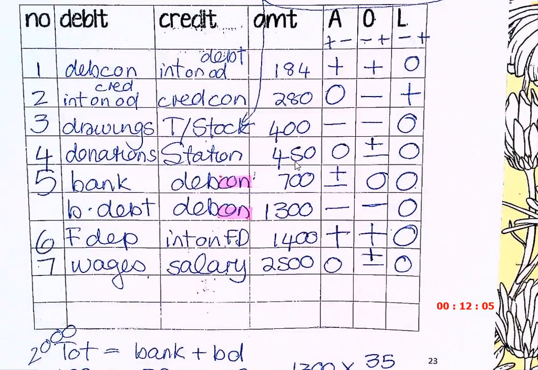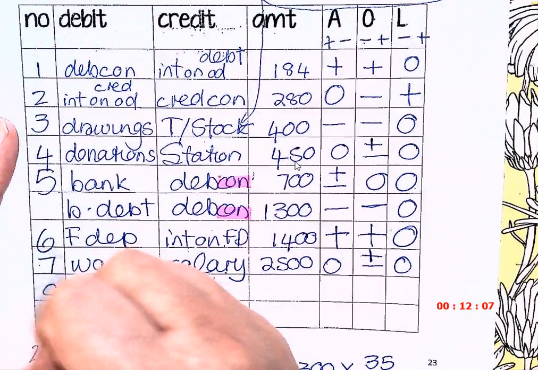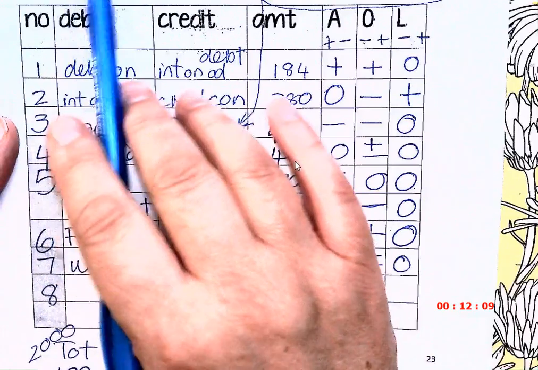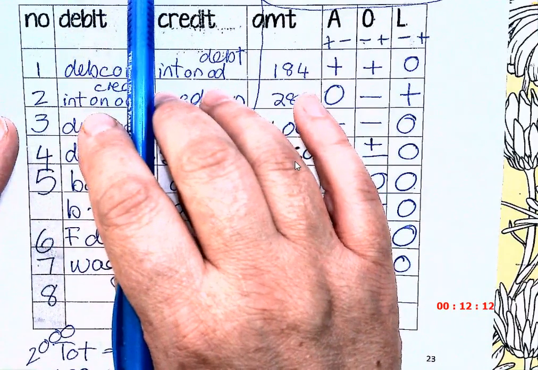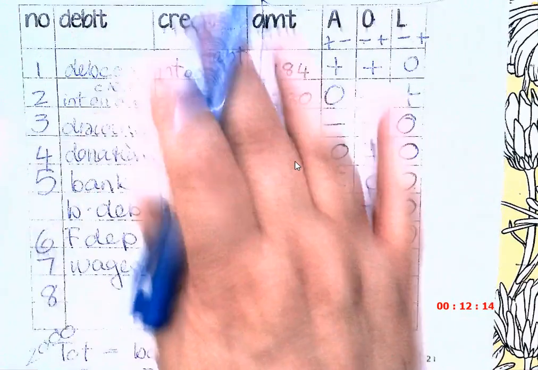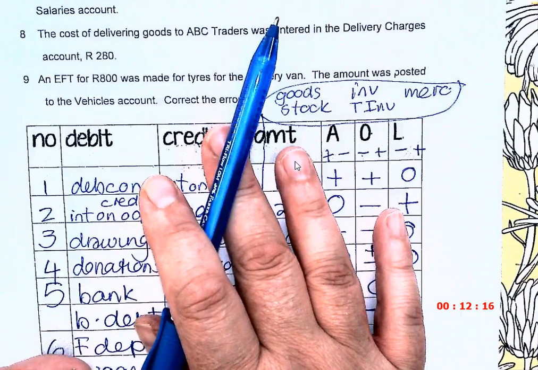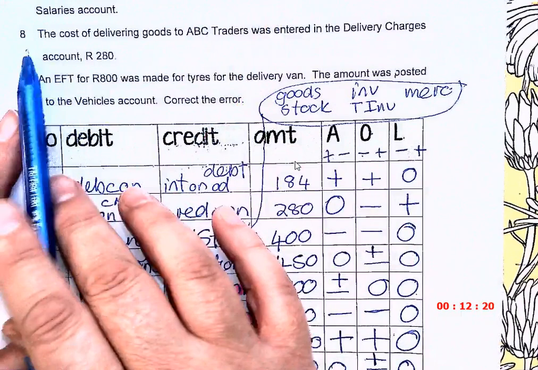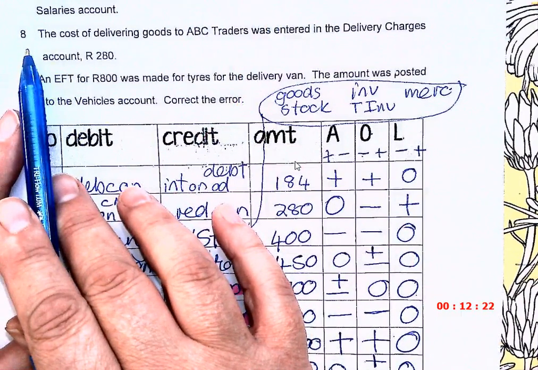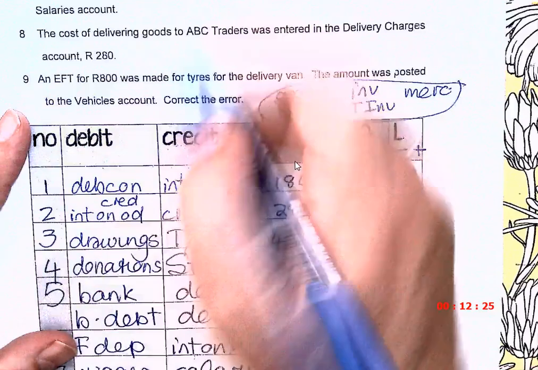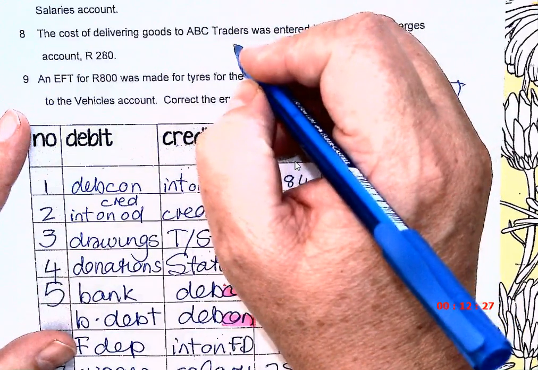Okay, let's go on to number 8. The cost of delivering goods to ABC. Are we ABC? They don't tell us. So we assume that we are ABC, ne?